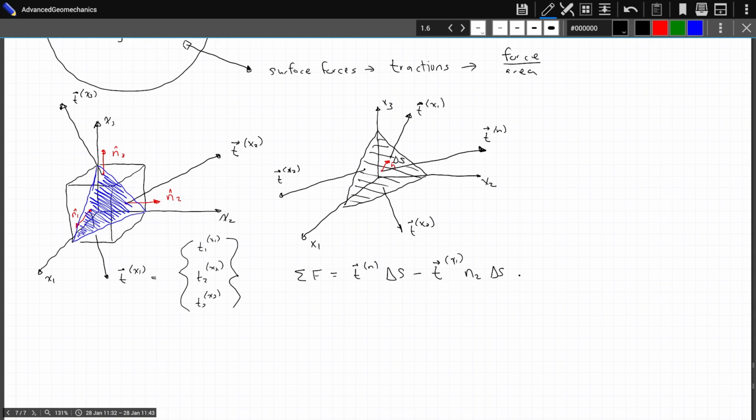I'll come back to that, where that n comes from. Minus T_x2 n2 dS minus T_x3 n3 dS minus T_x1 n1 dS.